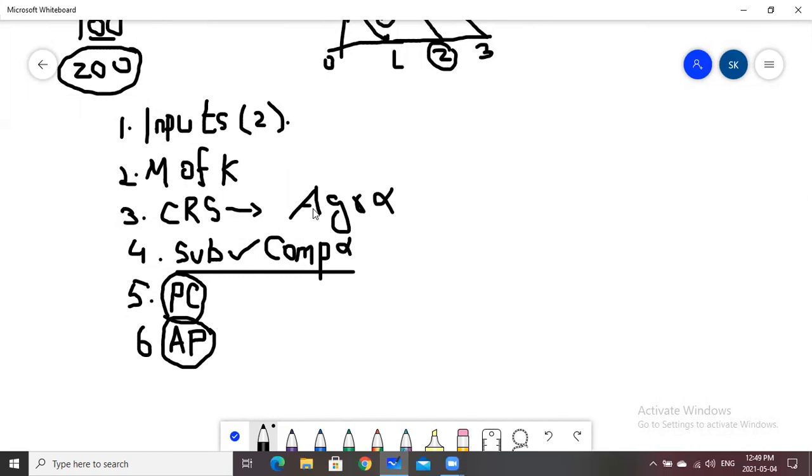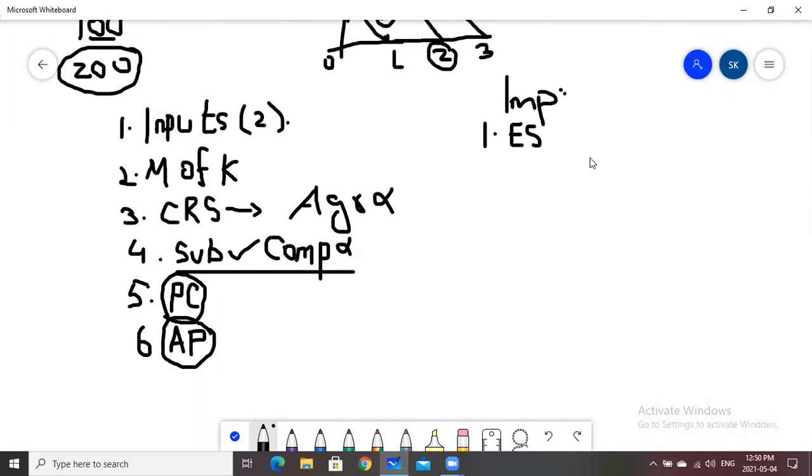Now, apart from the criticisms, we also have some important factors which we can derive from the usage of the Cobb-Douglas production function. What are those? The first one is that it has been widely used in empirical studies of manufacturing industries, and in inter-industry comparisons.